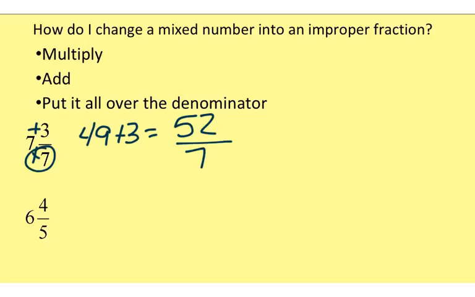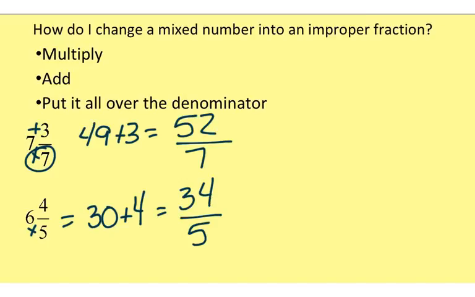So 7 3/7 is equivalent to 52/7. Try the next one by yourself and come back and see how you did. Okay. 5 times 6 is 30, plus 4 is 34/5. So 6 4/5 is equivalent to 34/5.